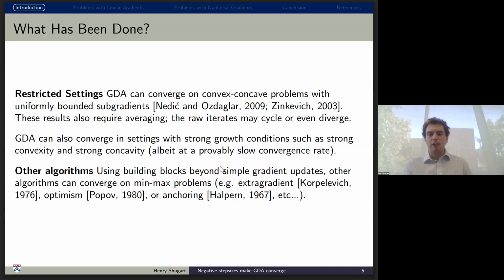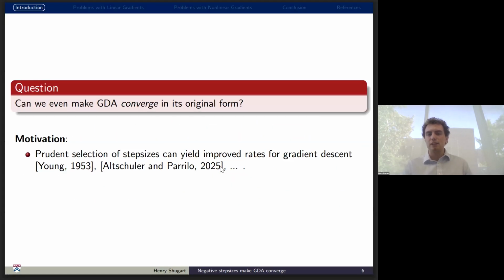Today I'm going to take a step back from those additional algorithms and answer a fundamental question: can we make GDA converge in its original form? Without any of these building blocks, can we ensure that GDA will actually converge?